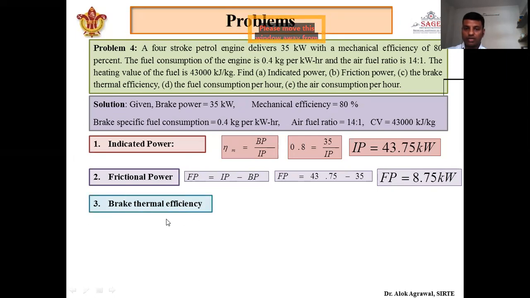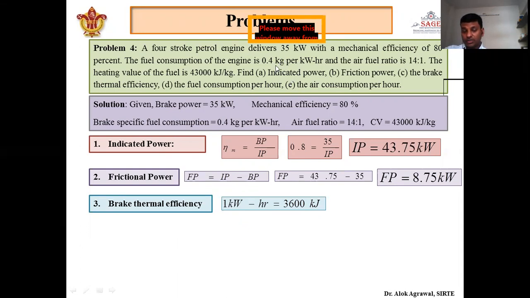Third one is brake thermal efficiency. We know that 1 kilowatt hour is equal to 3600 kilojoule. The formula of brake thermal efficiency is brake power upon mf into cv. But here we don't know the exact value of mf; we know it in terms of brake specific fuel consumption. We cannot use that formula directly by taking brake power as 35 kilowatt.